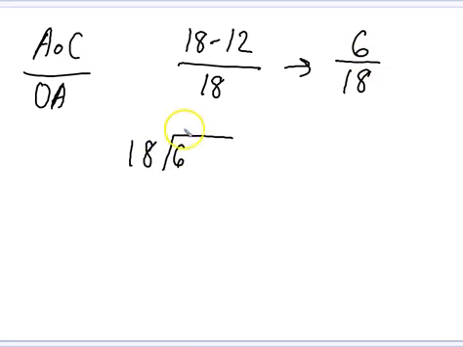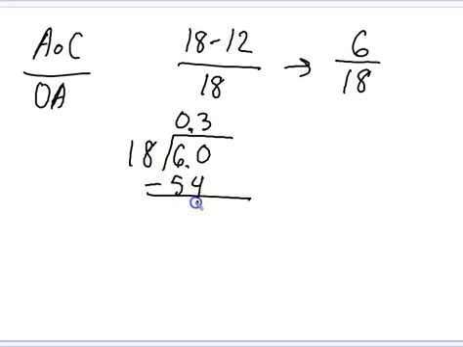18 does not go into 6, so I put a 0 and a decimal. 18 goes into 60 how many times? So 18 and 18 is 36, and then another 18 is 54. So 3 times 18 is 54.